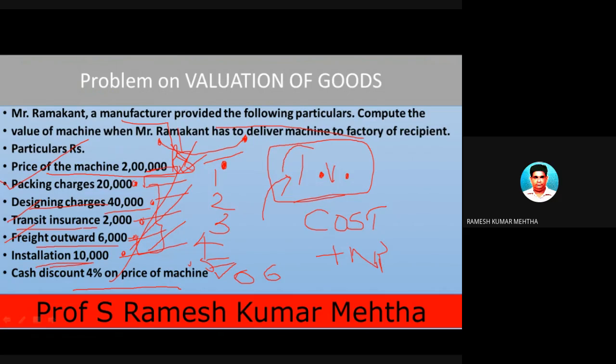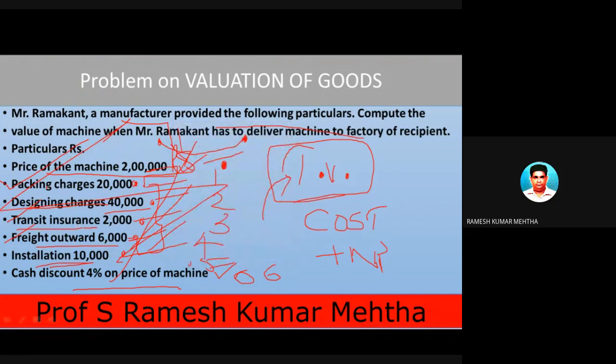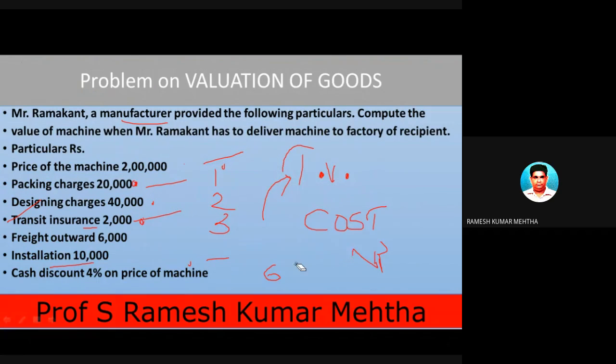With this data, we will find out the transaction value, what elements should be included to the price, and what elements should be deducted from the price of the machine.